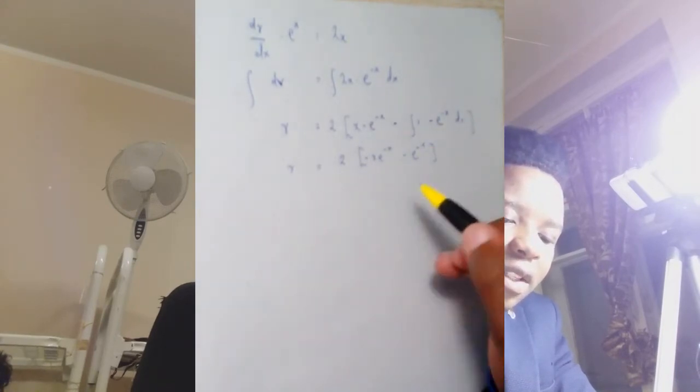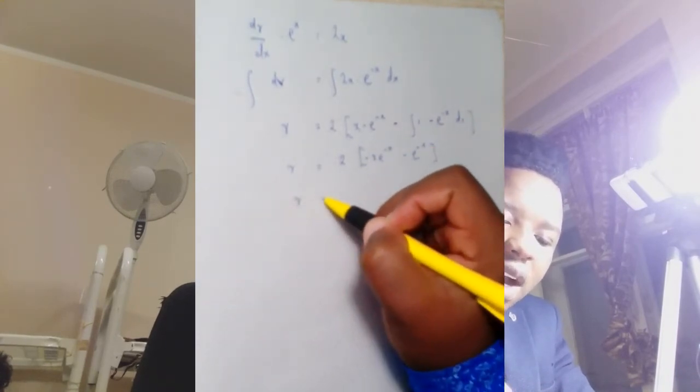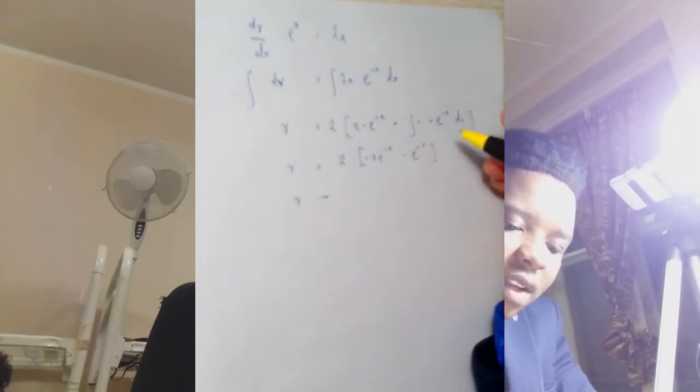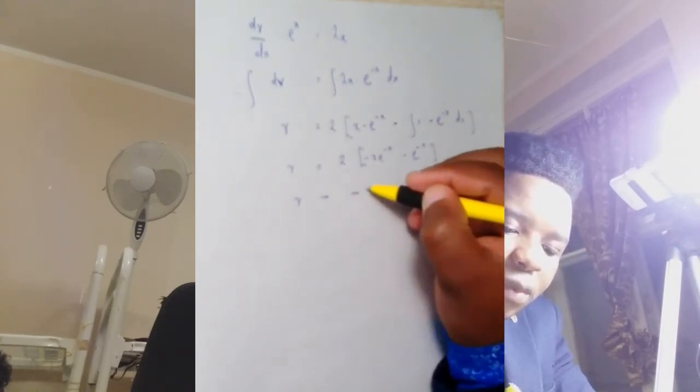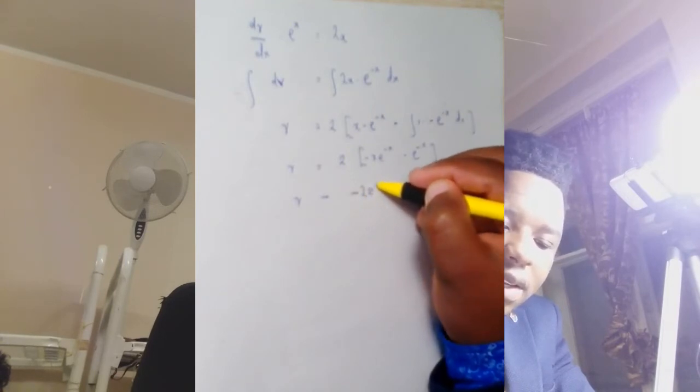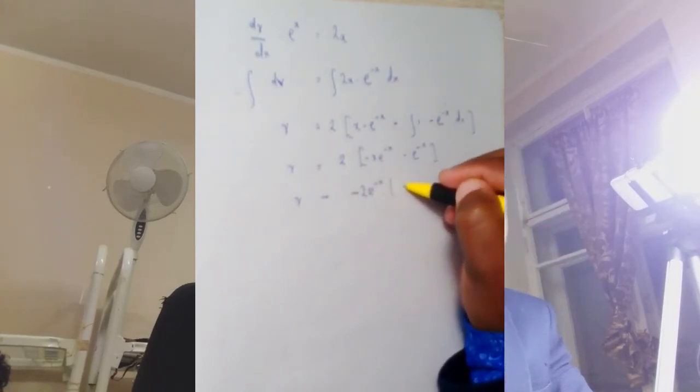Let me rewrite it factoring out exponent of negative x. I'll have negative 2 exponent of negative x, x plus 1.